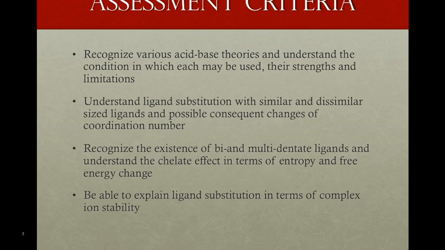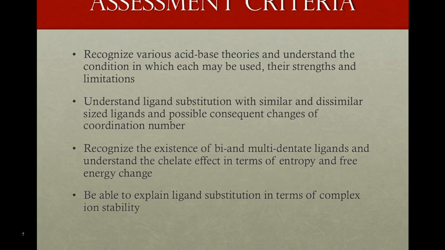The assessment criteria for this activity is as follows. We're going to recognize various acid-base theories and understand the conditions in which each may be used and their strengths and limitations. We're going to understand ligand substitution with similar and dissimilar sized ligands and the consequent changes of coordination that come about as a function of the change in size of the ligands.